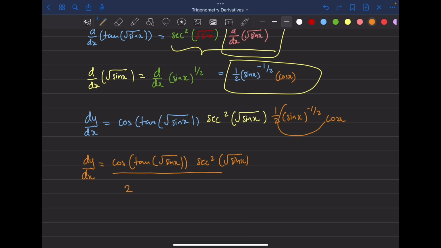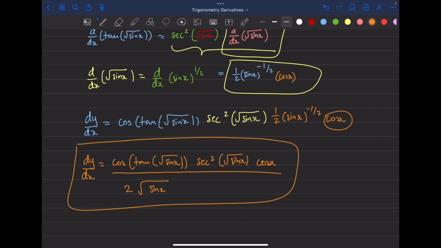The sine to the power of negative 1/2 can become a sine x to the power of 1/2 on the bottom, but a power of 1/2 is the exact same as the square root, so I'm going to erase this and put a square root sign, and then the cosine x stays on top. So multiply all this by cosine x. I'm going to make the line of the fraction bigger, and we are done. This is our final answer. We can leave it as this, and yeah, basically done.